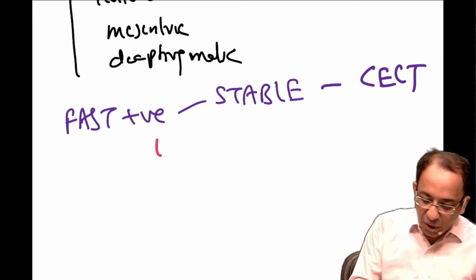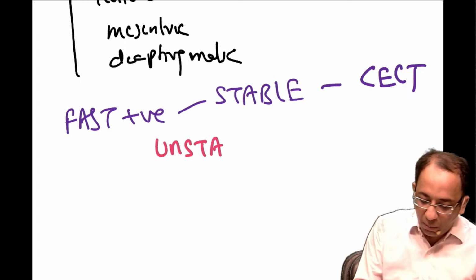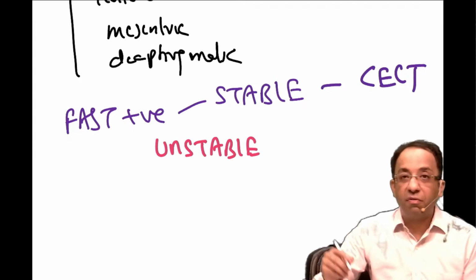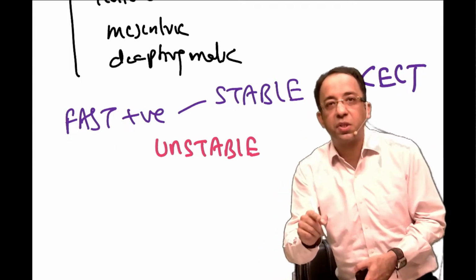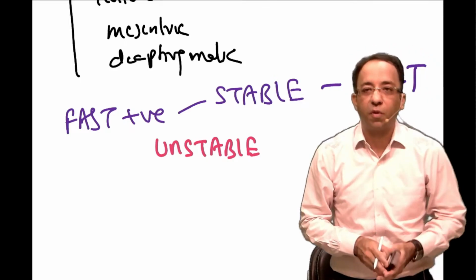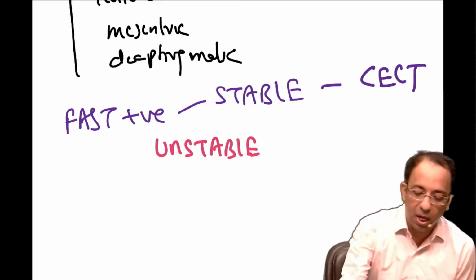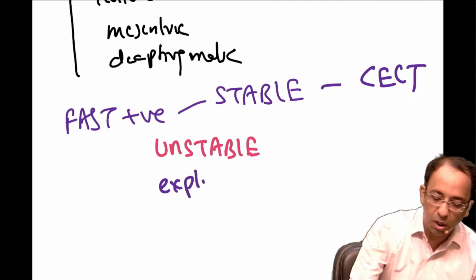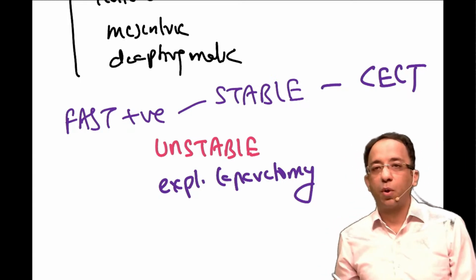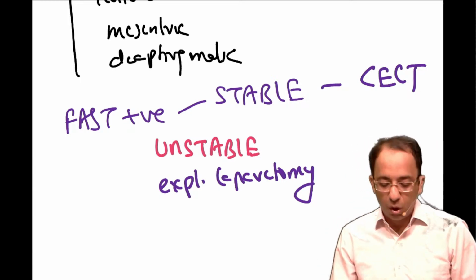If the FAST is positive but your patient is hemodynamically unstable, what will you do? There is no time for CT. Directly take the patient for exploratory laparotomy. Are you able to do it, beta?